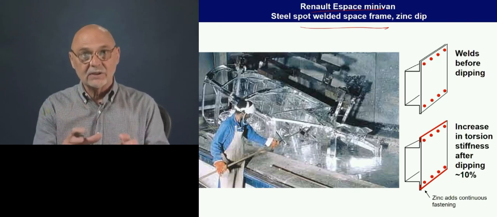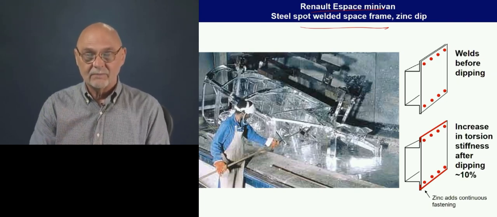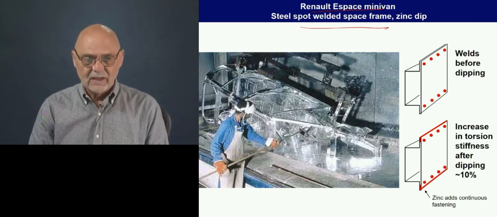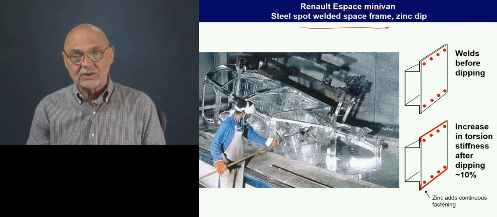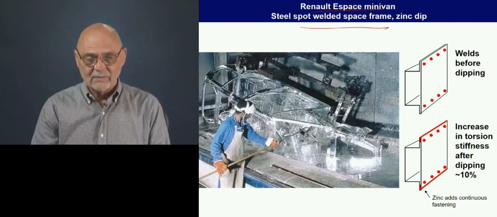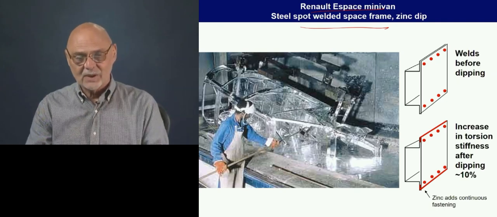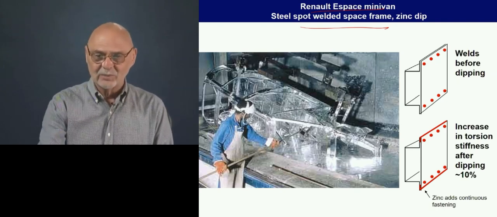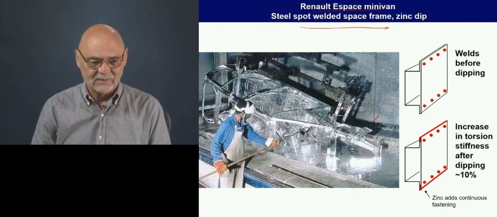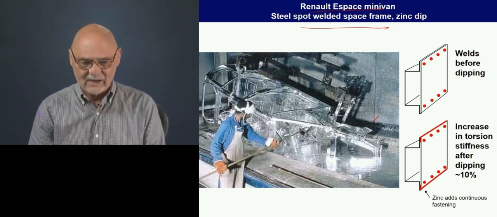But we're just considering the space frame here, made of spot welded steel. The way they did their corrosion protection was to zinc dip it. So they welded all these beams together, and then they zinc dipped the whole car afterwards in a molten bath of zinc, like you see here. And then that was the body in white for the particular car.